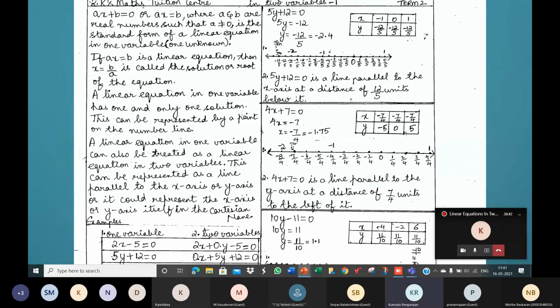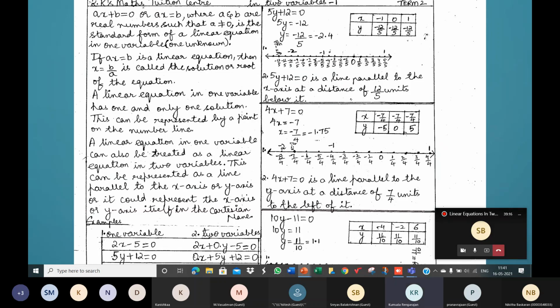Give me an example of a linear polynomial in one variable y. 2y plus 6. Okay. So 2y plus 6 is an example of a linear polynomial in one variable y. And when does this become a linear equation?